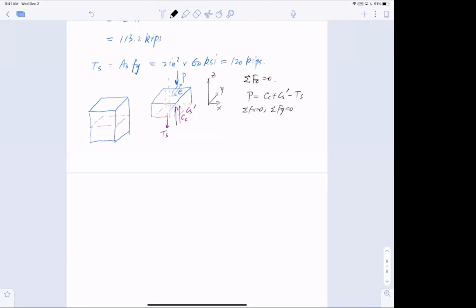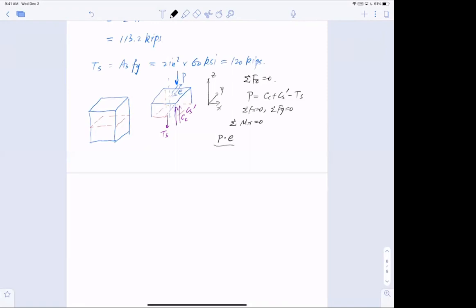Now I want to sum the moments. Notice that I only have moment in the X direction. On the left-hand side, I have P multiplied by e, which is the moment.